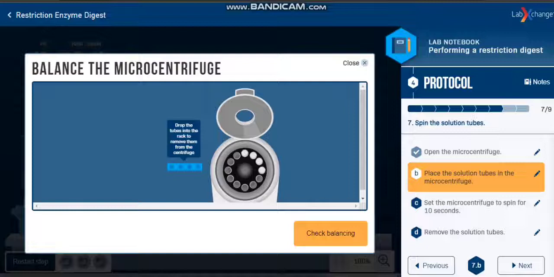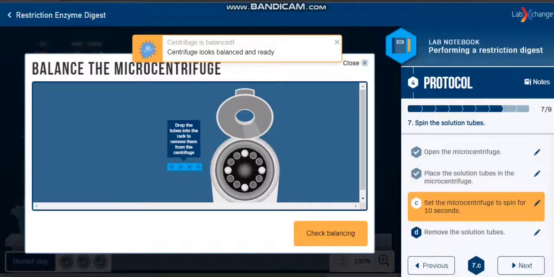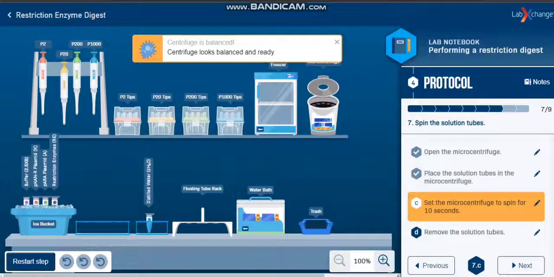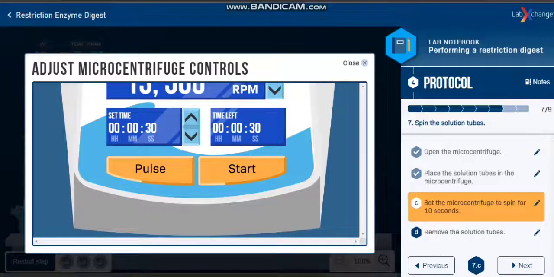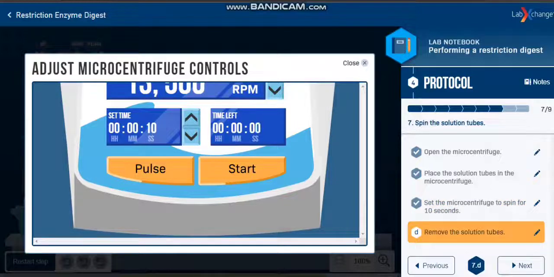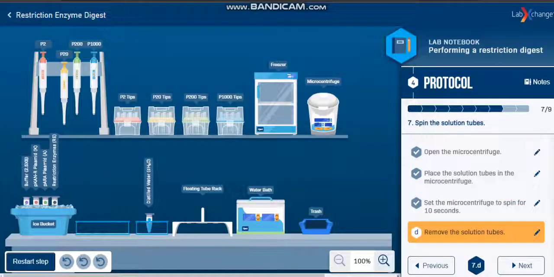Close the microcentrifuge and then set it to 10 seconds. Then remove the solution tubes.